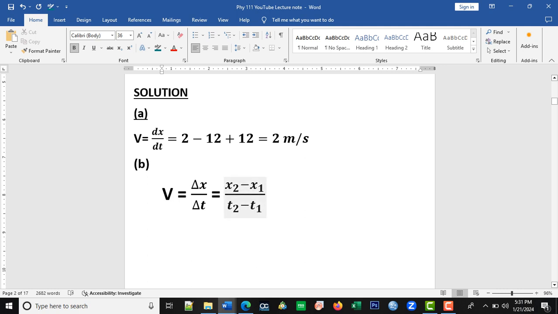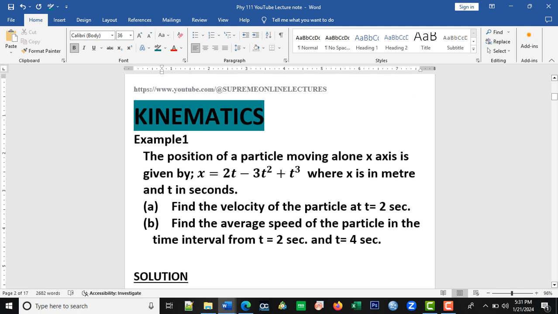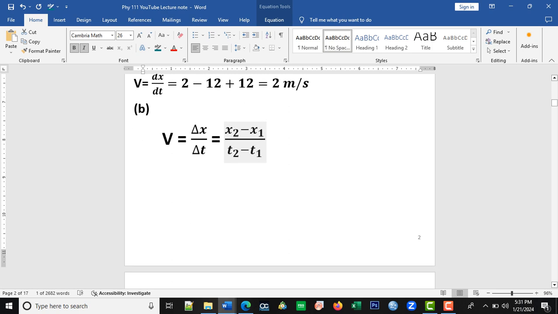So we are going to find x1, which represents the position of the particle. I take the expression again. So let's see what x1 would be.